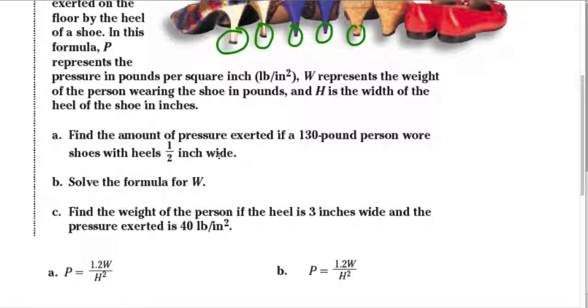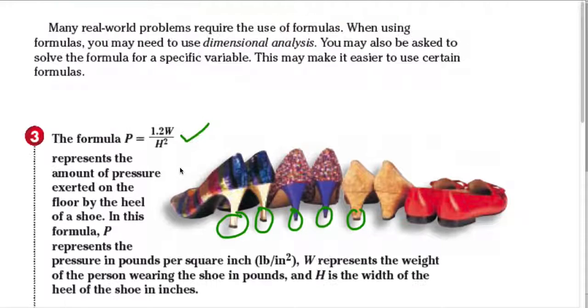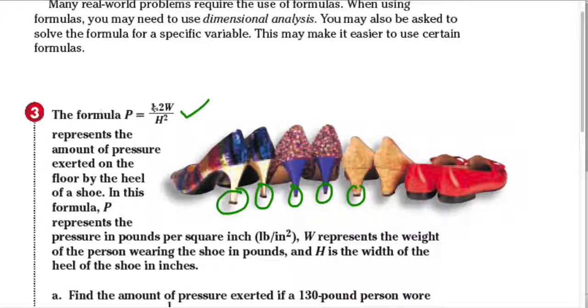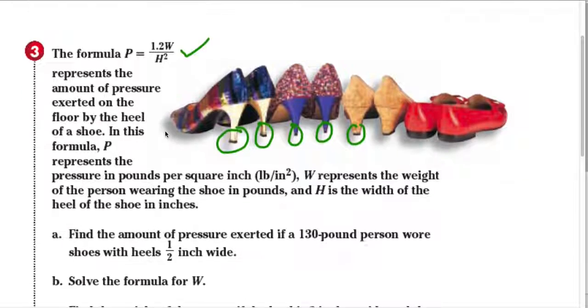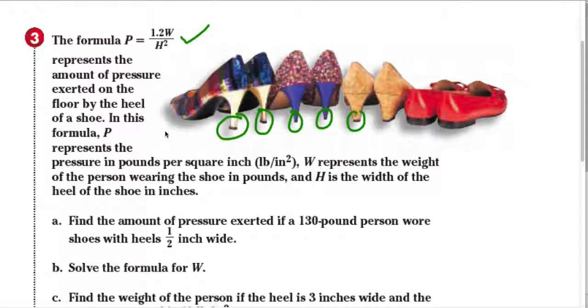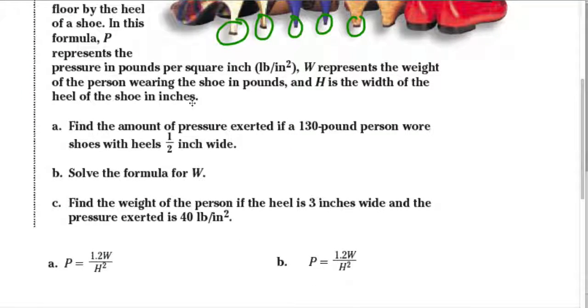In letter A, you know the weight of the person, you know the width of the heel. So basically in the formula, you already know the W, which is the weight, and you already know the H, which is the width of the heel.